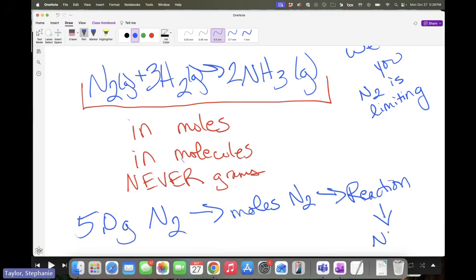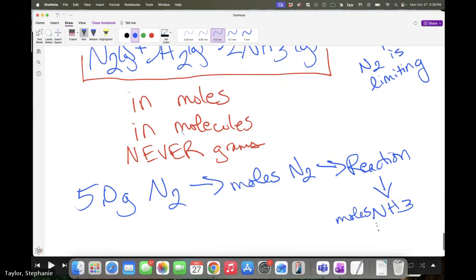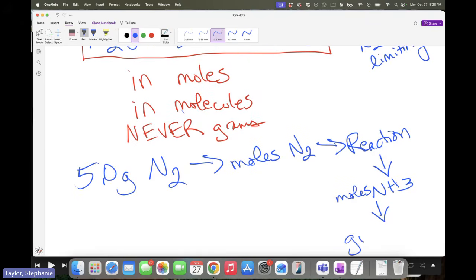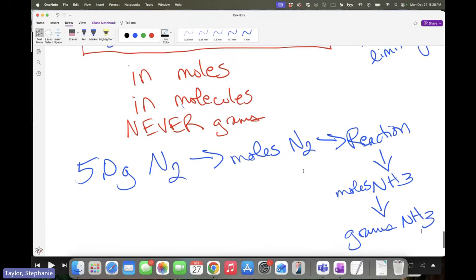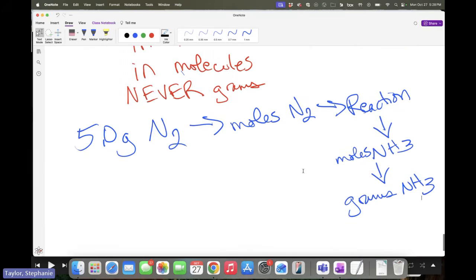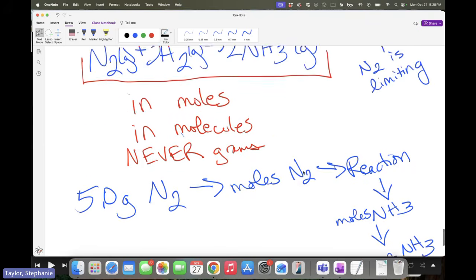Then I'm going to go to moles of ammonia, and then to grams of ammonia. This looks like a lot of arrows, in part because it is. So I'm going to start with grams of nitrogen, move to moles of nitrogen, use my reaction to go to moles of ammonia, then grams of ammonia.